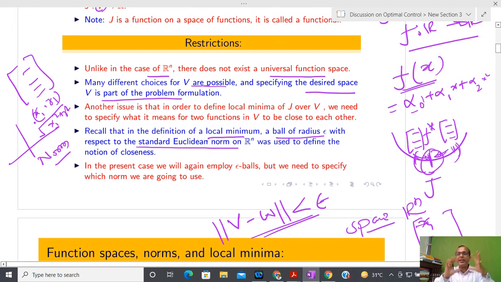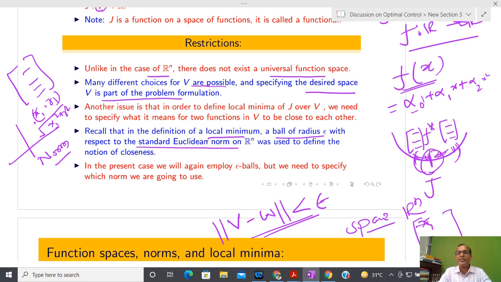First, I have to identify how functions are represented in some vector space. That is the first problem in infinite dimensional space. For finite dimension that is obvious, everything is a real number in the form of column vectors.